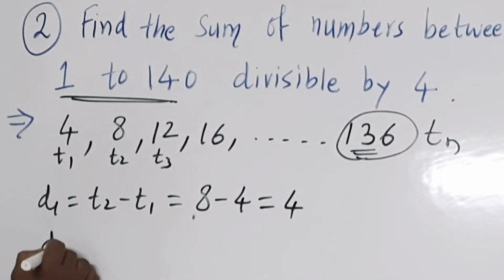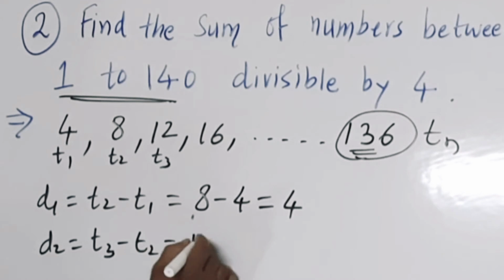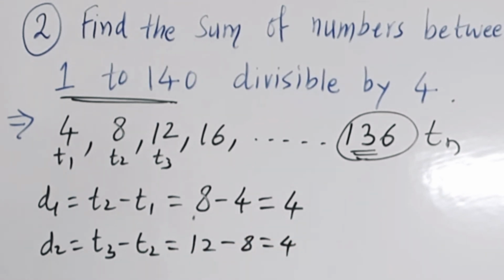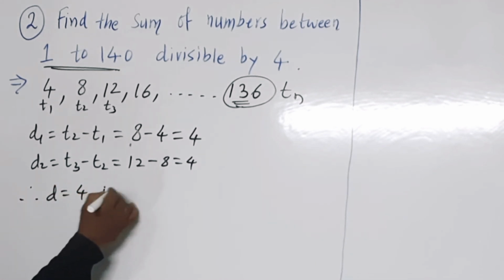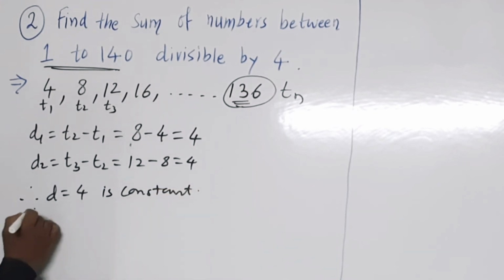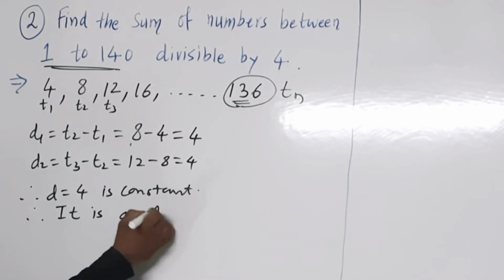Then D2 is equal to T3 minus T2, that is 12 minus 8, which is also 4. Therefore, D is equal to 4 is constant. So the given sequence is an arithmetic progression.